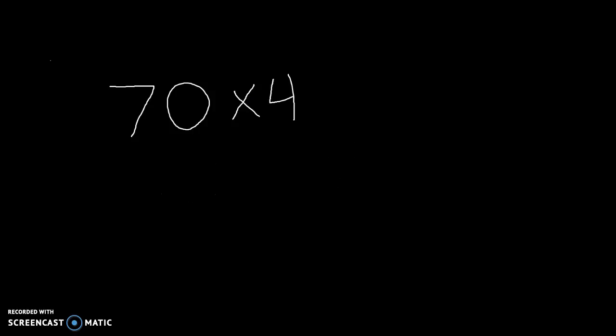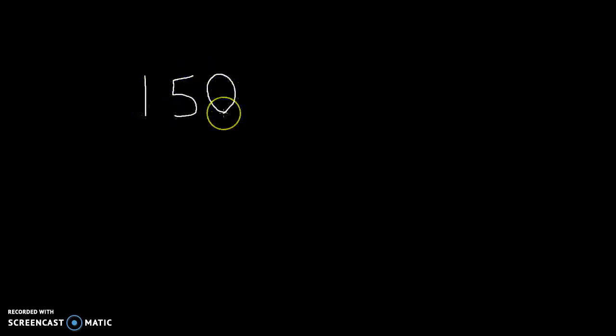Let's do a couple division ones. Let's start with the basic one. Let's start with 150 divided by 10. You guys get the answer? We're going to start with 15 divided by 1.